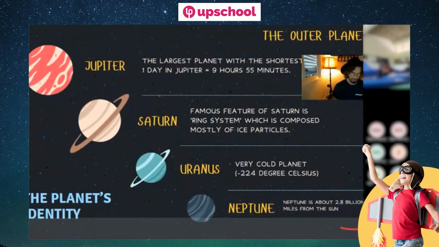So here we go. Our first planet we're going to look at is going to be Jupiter. Wow, what a planet. Remember, Jupiter is the big brother of our solar system. It is the largest planet and it has the shortest day. One day in Jupiter is only 9 hours, 55 minutes. That's a very short day.